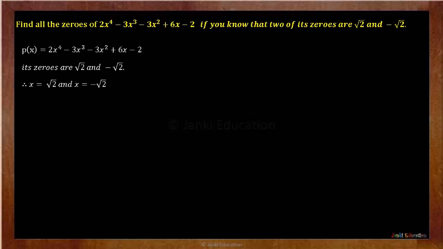In fact, you can check whether these values are really zeros of the polynomial just by substituting the value of x as root 2 and negative root 2. x minus root 2 and x plus root 2 are the factors of p of x.